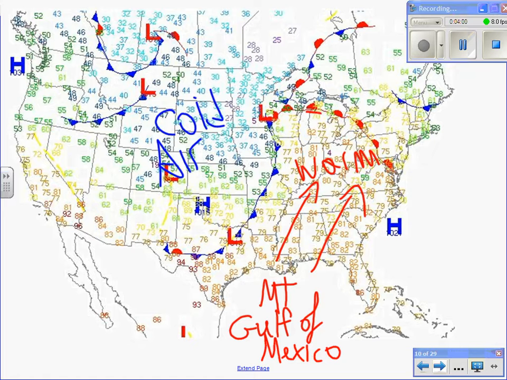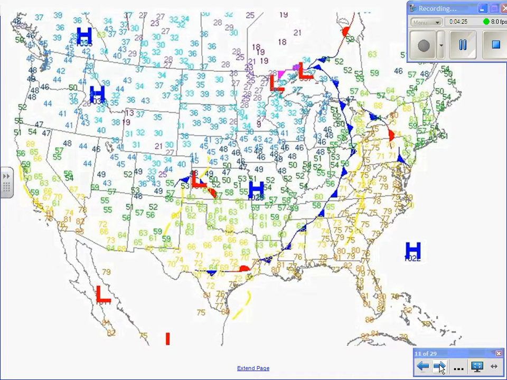Here's our warm front, the leading edge of warm air. Behind here we have our cold front, and they could ask what type of air mass. It could be either continental Arctic, or if it's really cold, continental polar. And it's moving in this direction, towards the warm air. So again, they clash. And where they clash, they form clouds and have precipitation.